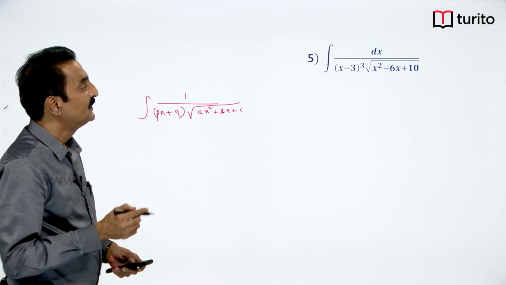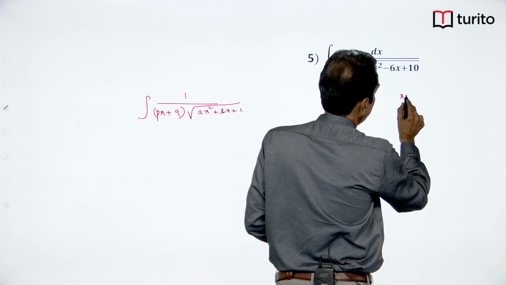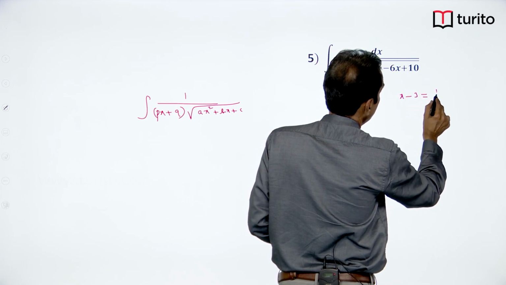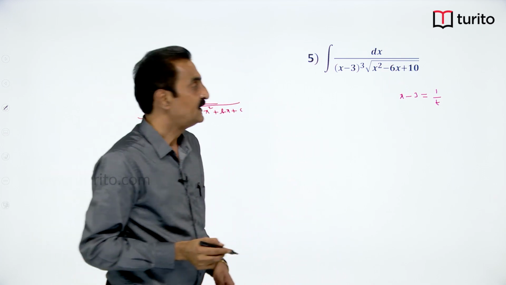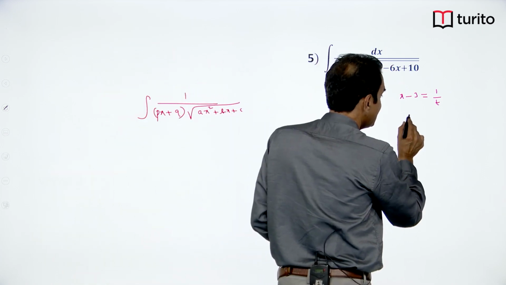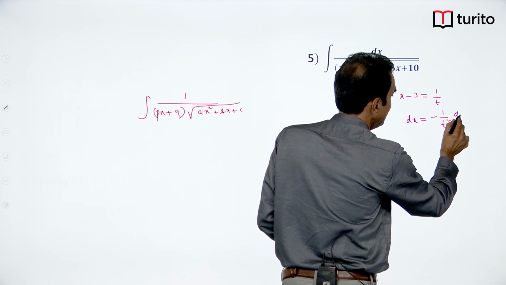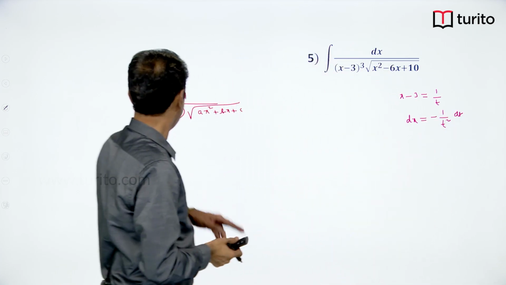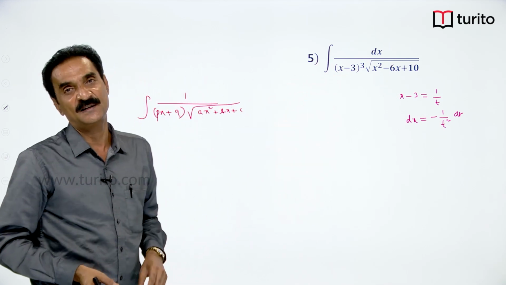So here if you take x minus 3 is equal to 1 by t, then you will get dx is equal to minus 1 by t square dt. Actually it is px plus q, but that is cube, but let us try this method.